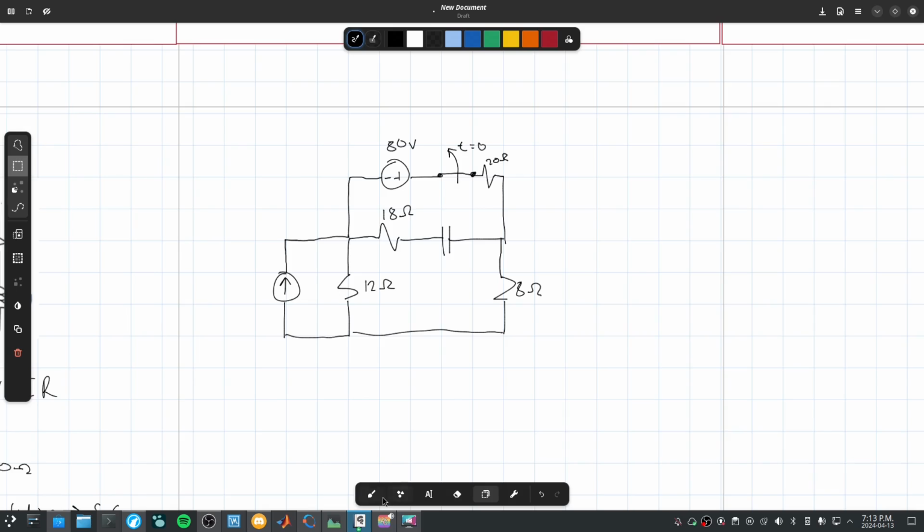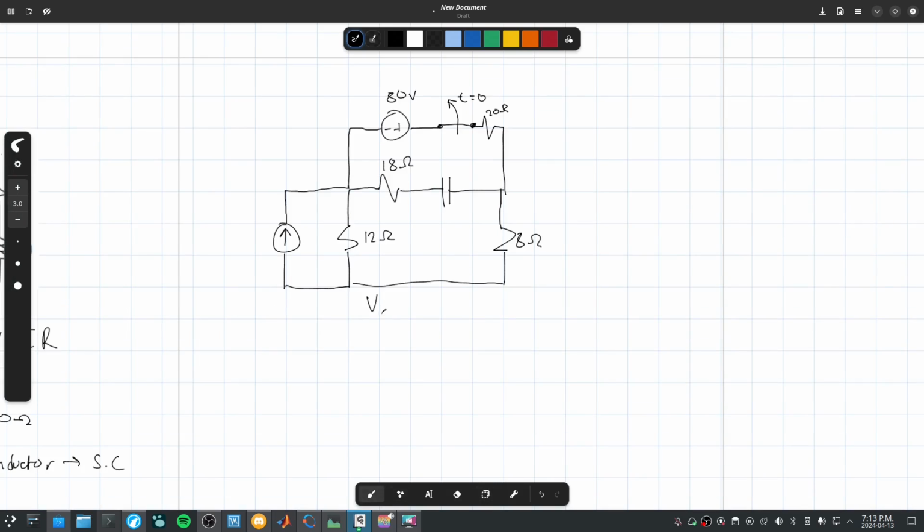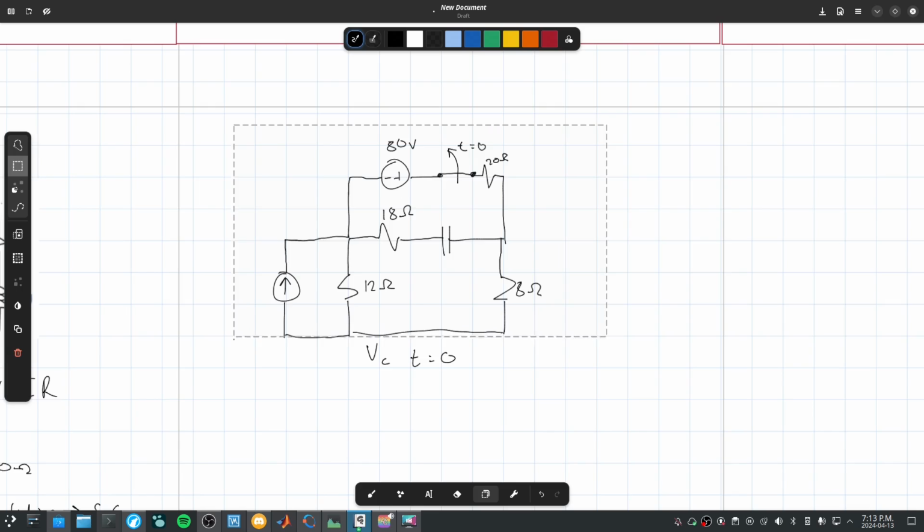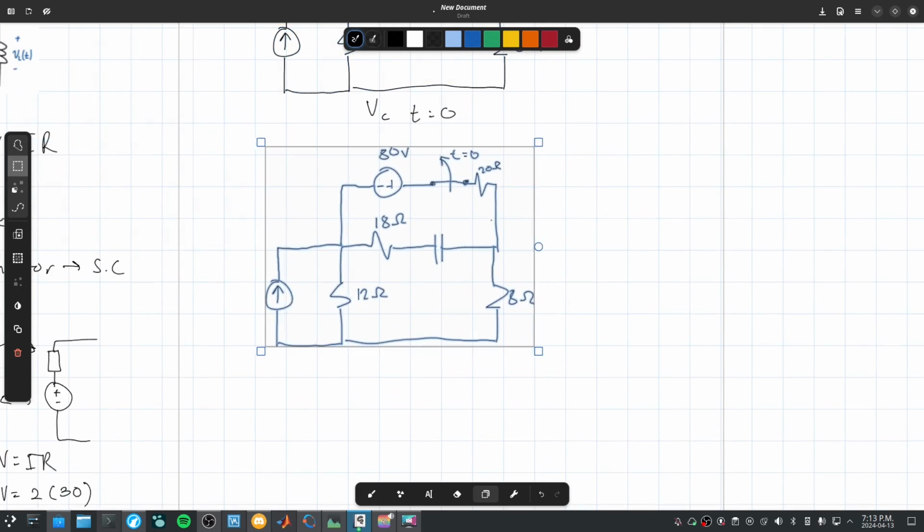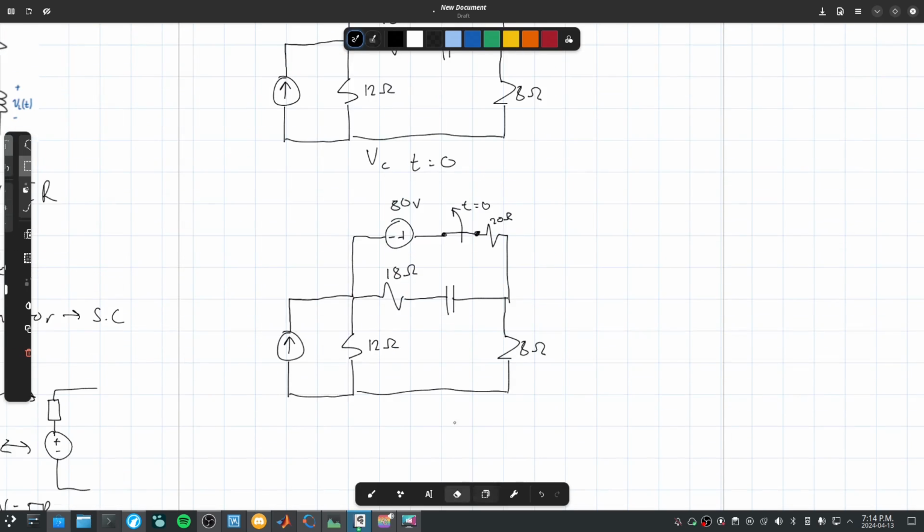So let's find VC at time equals 0. We have to use superposition for this. So let's take this, bring it down here. Let's start with this voltage first.